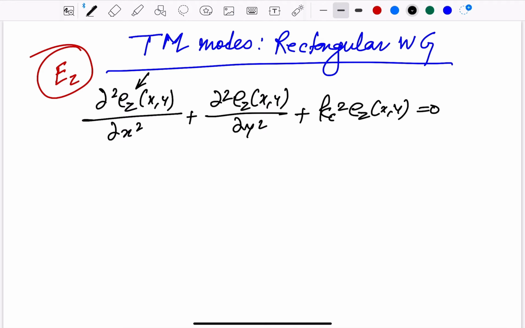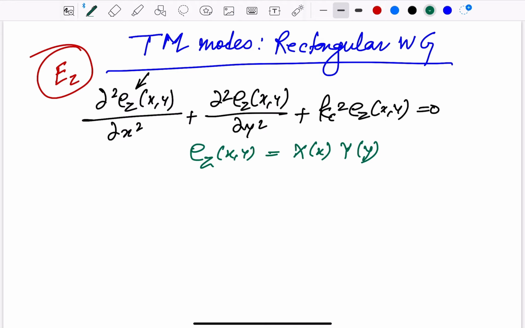Now again we will use the same technique here, solving this by separation of variables, and we assume the solution will exist in this form, capital X of small x and capital Y of small y.